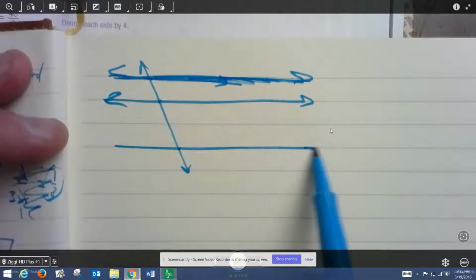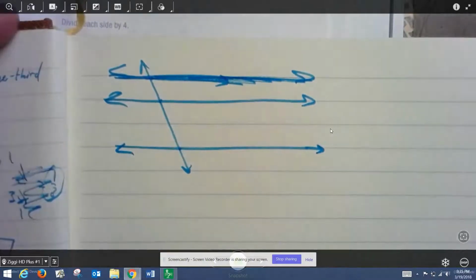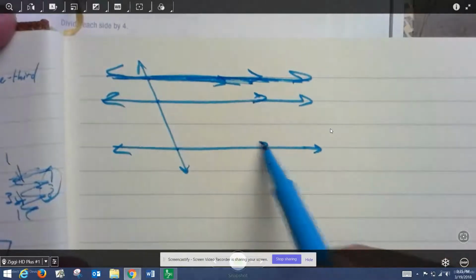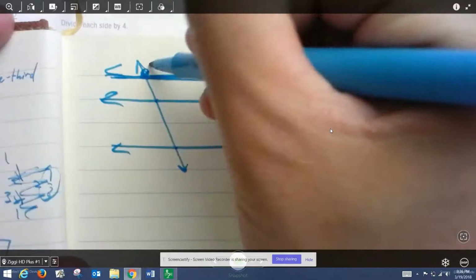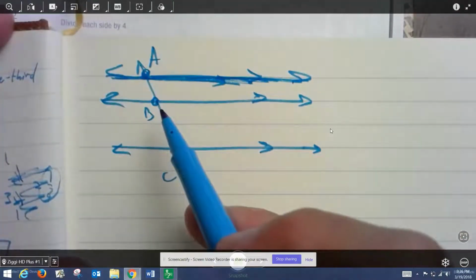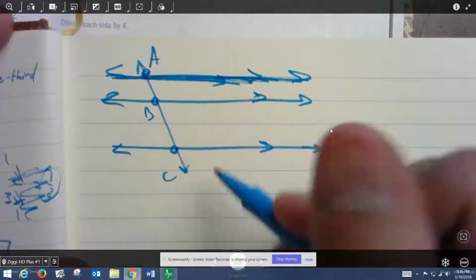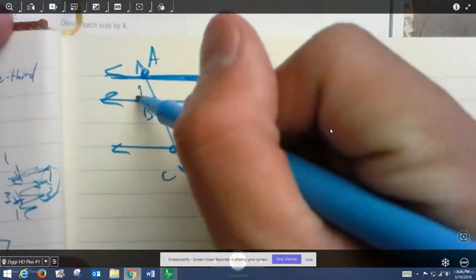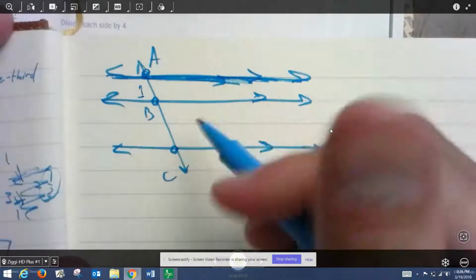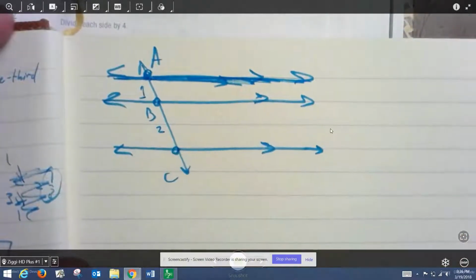Some of you might already see what I'm trying to get at here. I have three parallel lines going from left to right, and it's hitting this transversal. I call this A, C, and I'll call this part B. And you can roughly see that, let's just say this is a line segment of 1. B to C has a line segment, let's just say that is the length of 2. Okay?